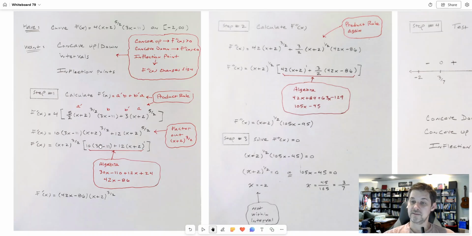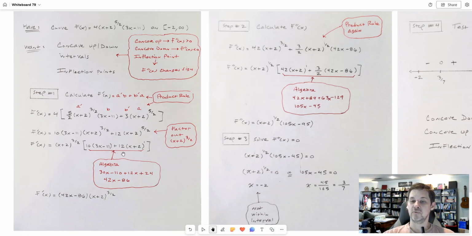The thing that does that turns out to be (x + 2)^(3/2). Okay, so in this step right here, after I distributed the 4, I'm going to factor out (x + 2)^(3/2), and that's going to take me to the next step.